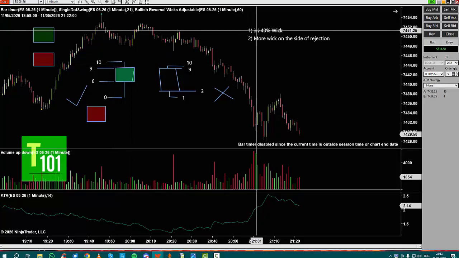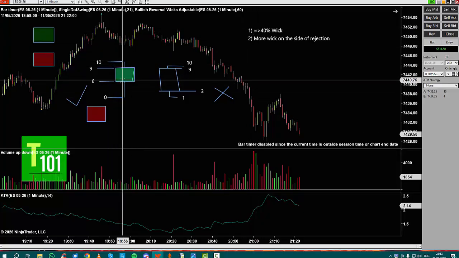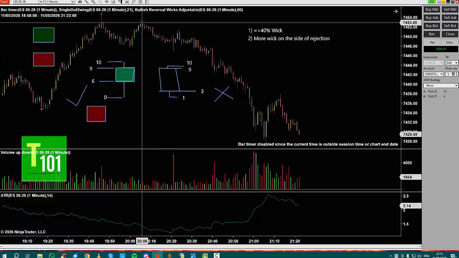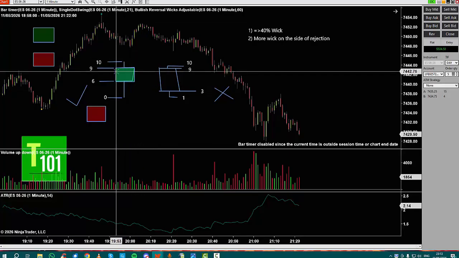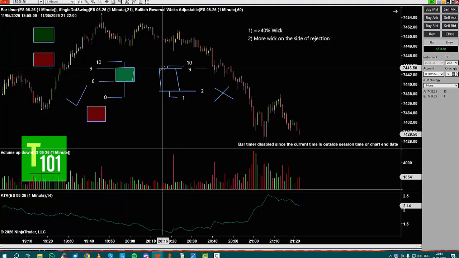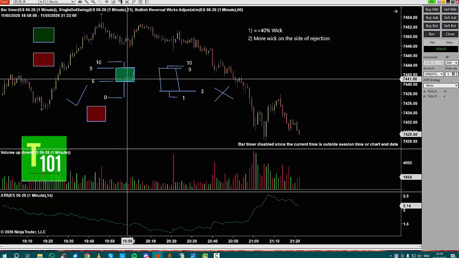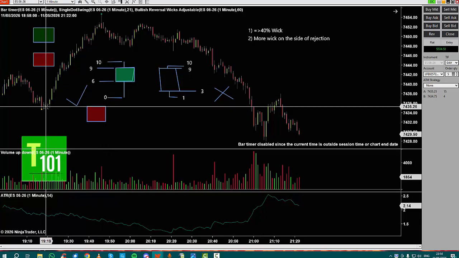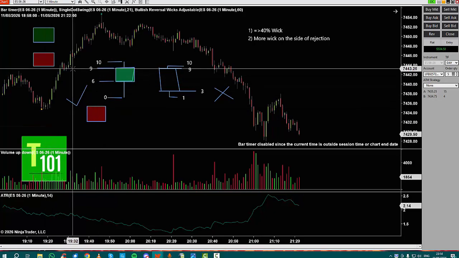So that matches criterion 1. For criterion 2, more of the wick is on the bottom than the top, so that means we're pushing to the upside. If we were looking for shorts and this is at the top, although it's called the hanging man, I don't want that. I want shooting stars on the top, and I want hammers on the bottom.